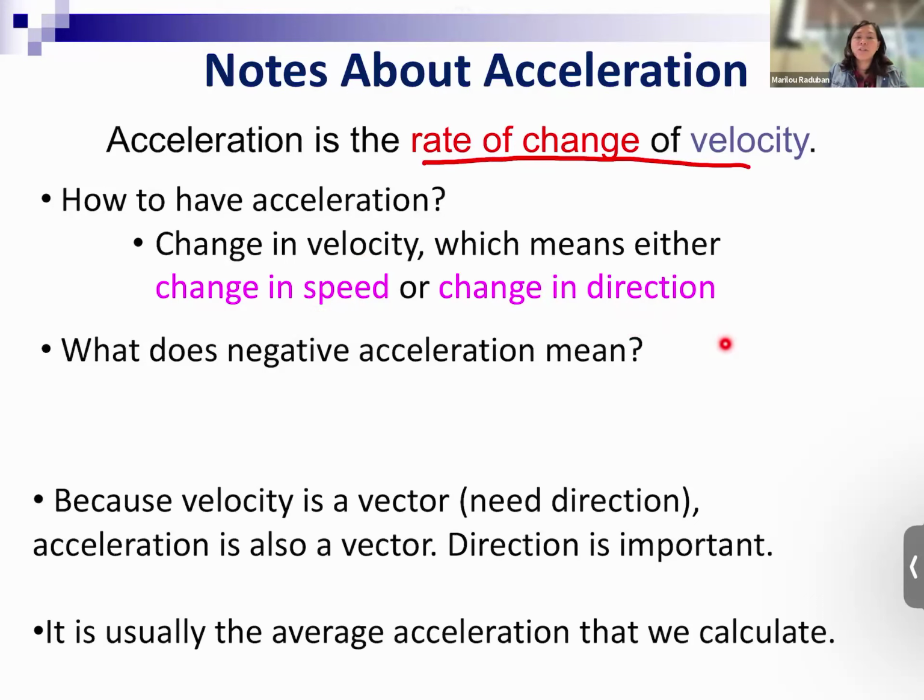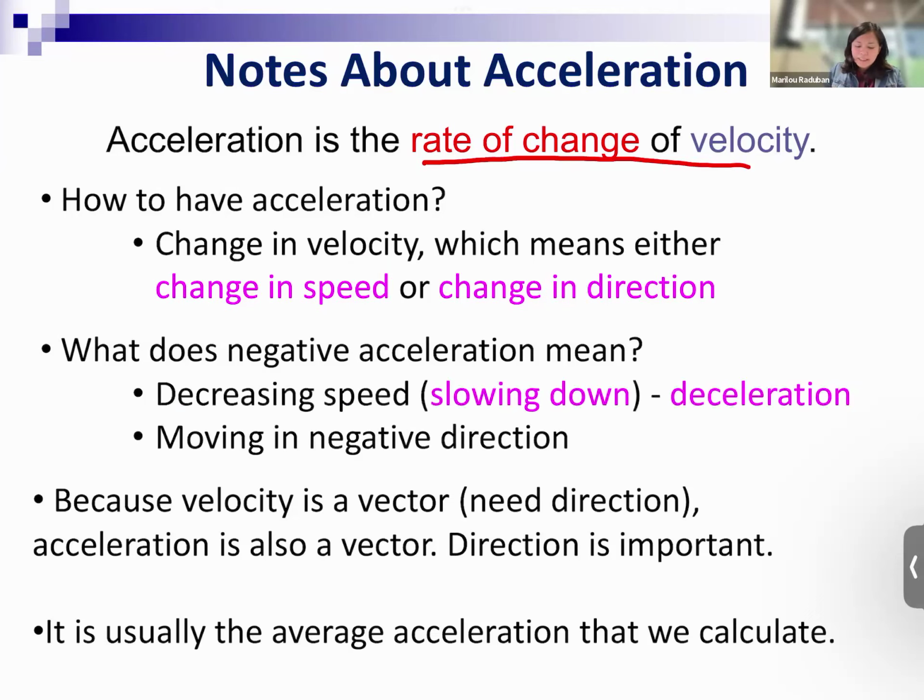As we've learned, velocity is a vector quantity, containing both the speed and the direction. So if either of them changes, then you have a change in velocity, and therefore you have acceleration.